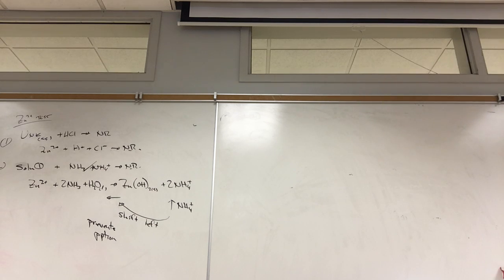Hard, soft, acid, base, HSAB, way back from week 1 in the PowerPoint, and MO theory, that's kind of beyond the scope of our class, so we're not going to make predictions. We're just going to look it up in Appendix D and C. Does zinc 2+ complex with ammonia? Yes or no?